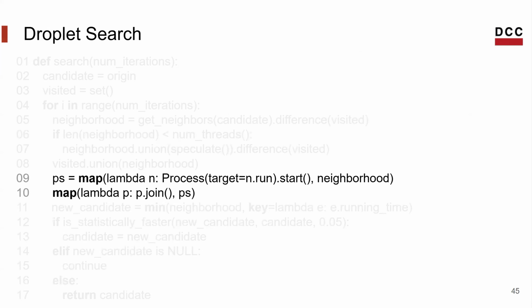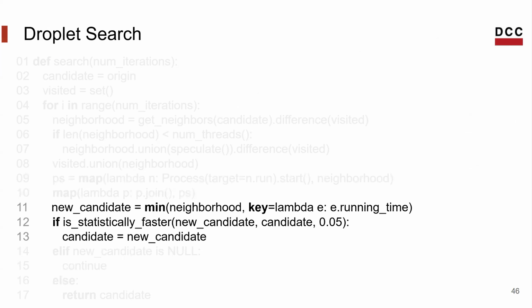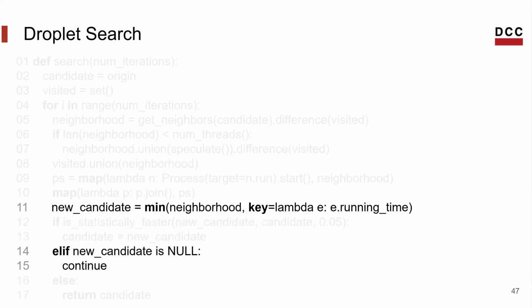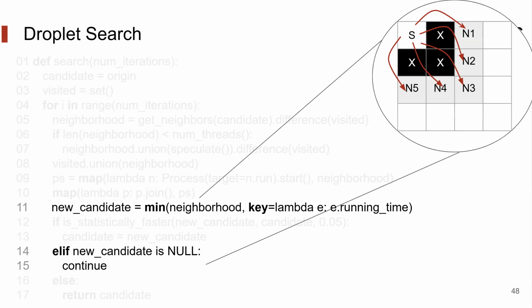We apply synchronous parallelism in the process to measure the best candidate in the neighborhood. We created a stop criteria using a confidence level of 5% to distinguish the runtime of samples. Now, Doppler doesn't stop when our neighborhood is invalid.